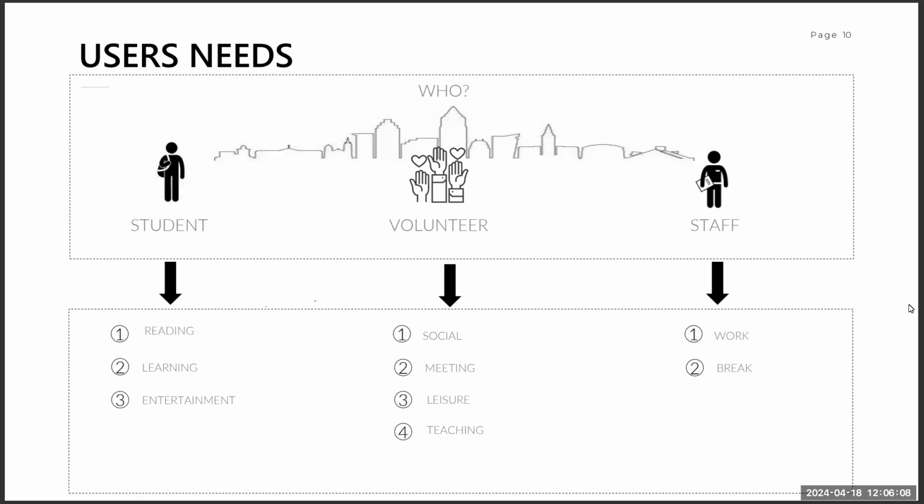The third user is the staff who are responsible for displaying the contents or helping the visitors get to know the place.